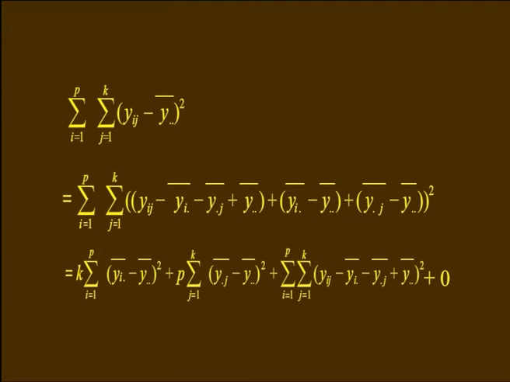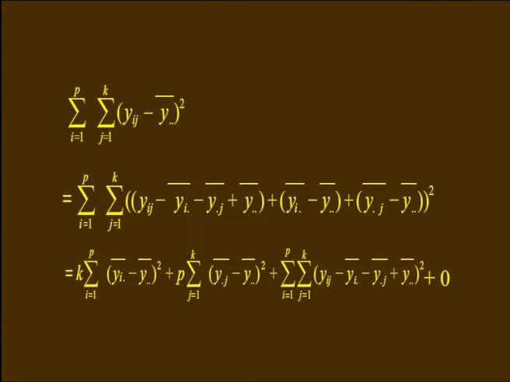I will call y bar i dot minus y bar dot dot as A, y bar dot j minus y bar dot dot as B, and yij minus y bar i dot minus y bar dot j plus y bar dot dot as C. So, now squaring this and expanding (a plus b plus c) whole square, we get the terms a square plus b square plus c square plus 2ab plus 2bc plus 2ac.